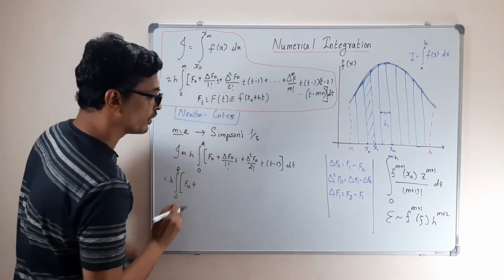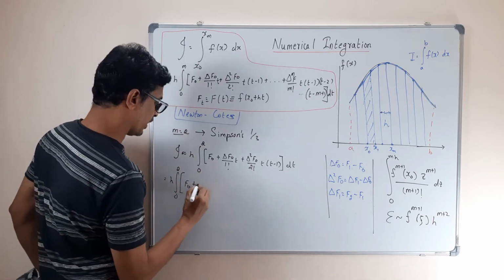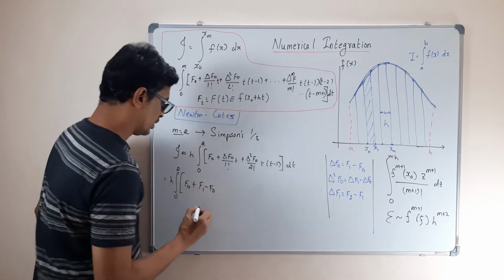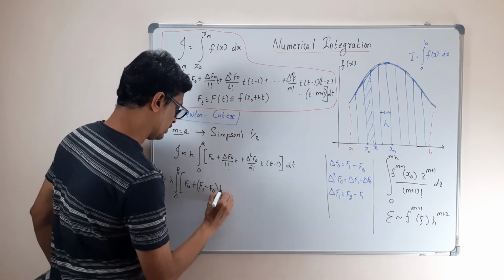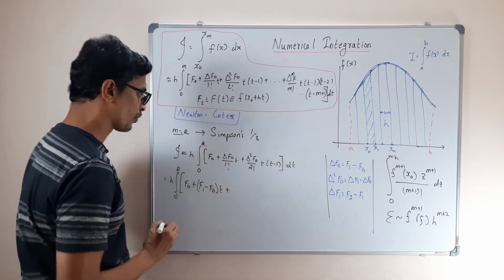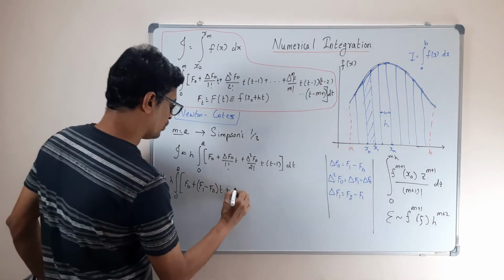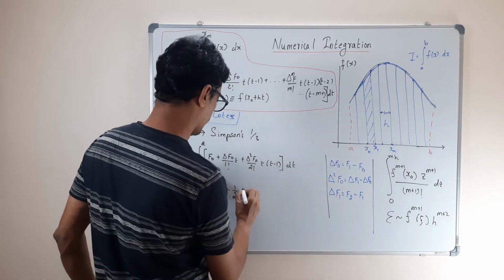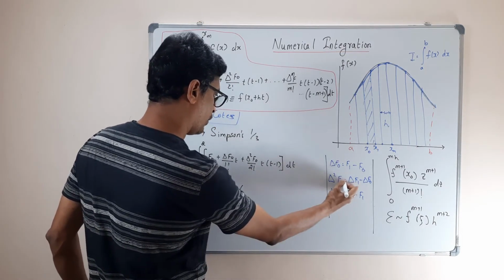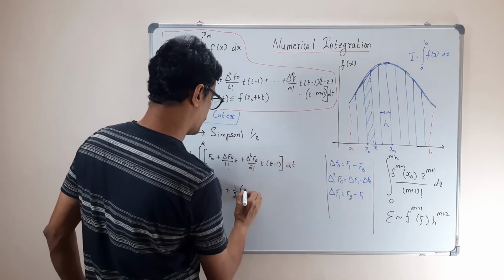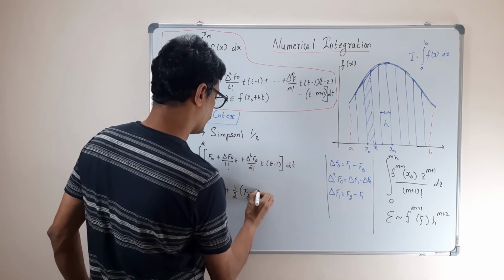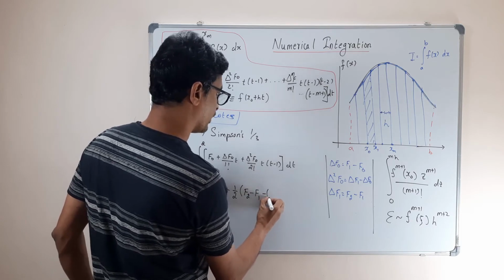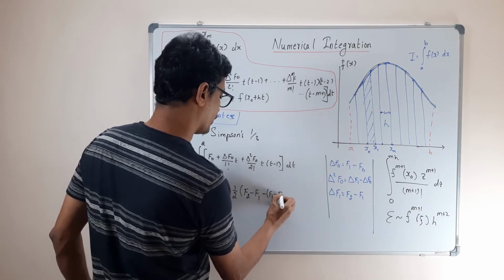Del f0 is f1 minus f0, into t, plus 1 by 2 times del square f0, where del f1 is f2 minus f1, and minus del f0 is minus f1 plus f0.